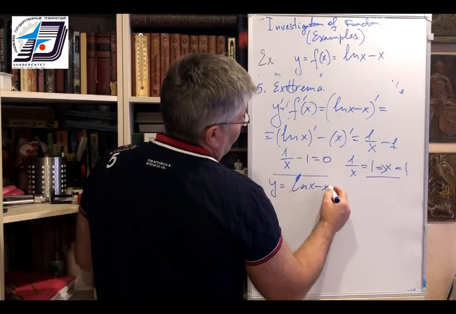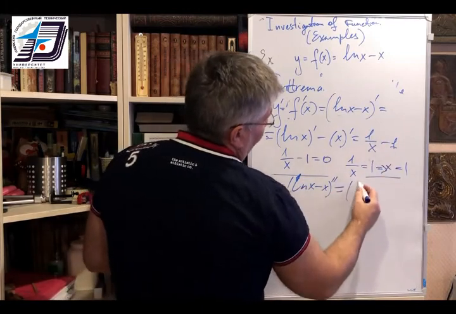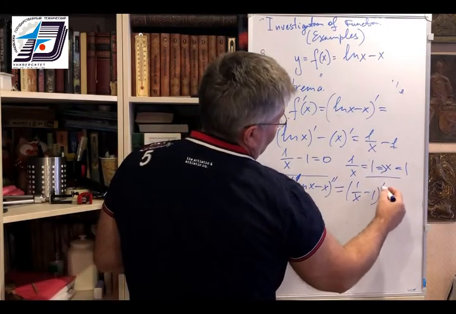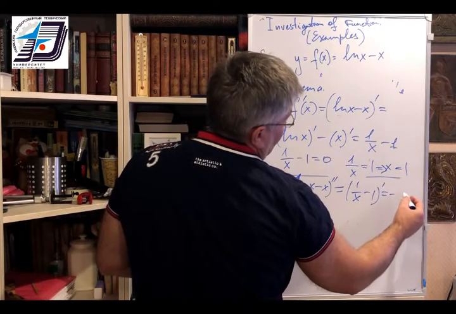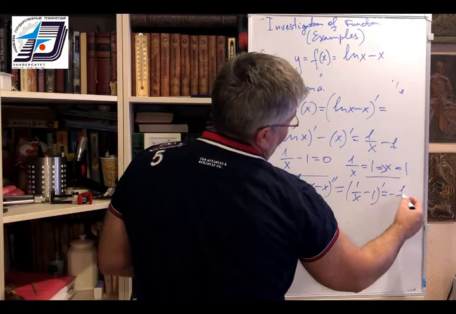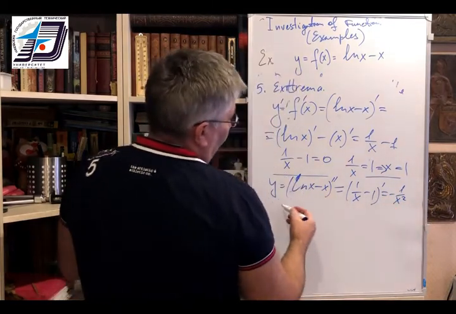The second derivative of the function. We calculated the first one. 1 over x gives minus 1 over x squared, and the 1 gives 0.